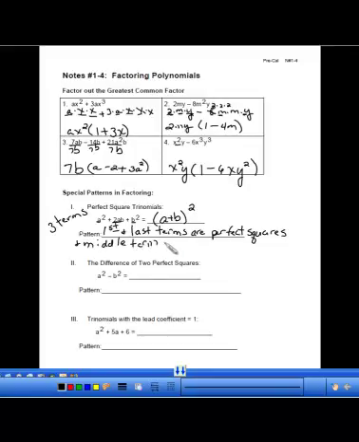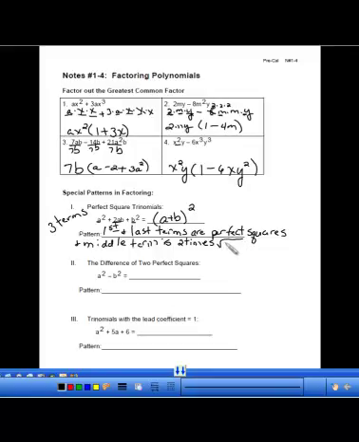is 2 times or double, okay, it's 2 times the first term times the last term. Okay, the square root, I should say.